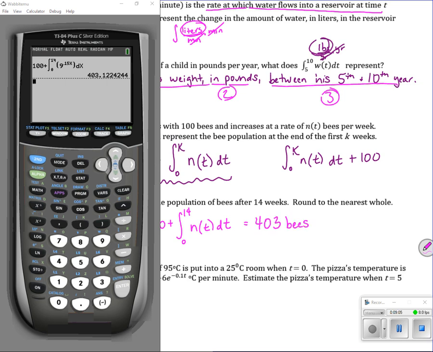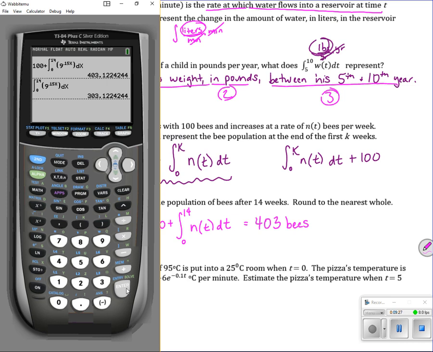And here's what people mess up on. They see the answer I get from the integral, and they go, oh, cool, and they type that in and say, oh, there's 303 bees. Y'all, the integral gets the change.